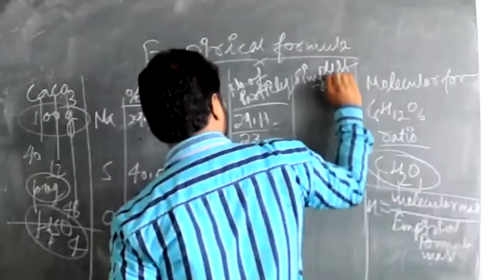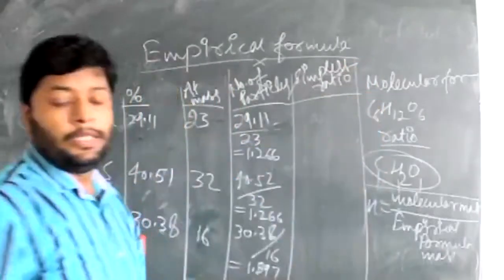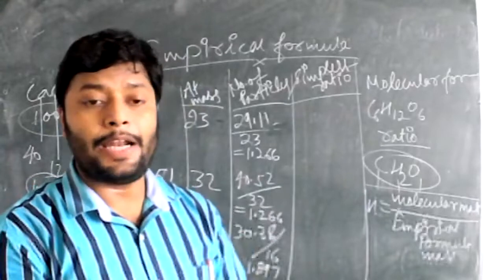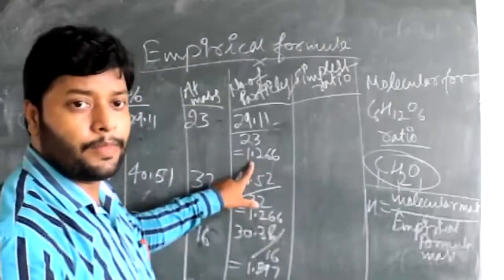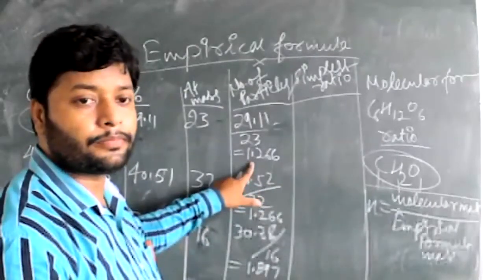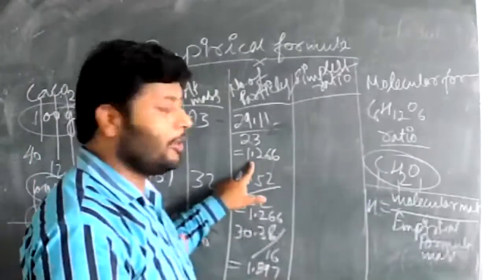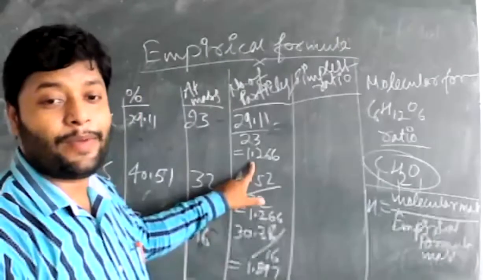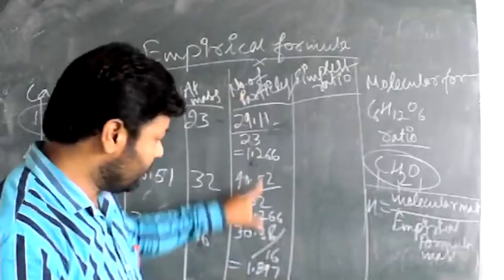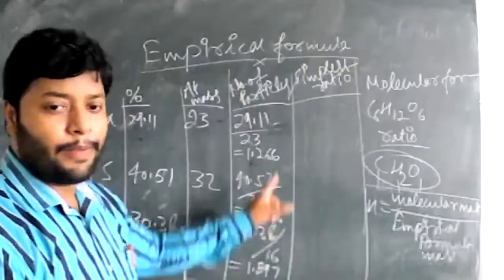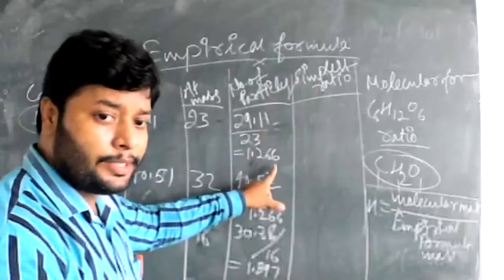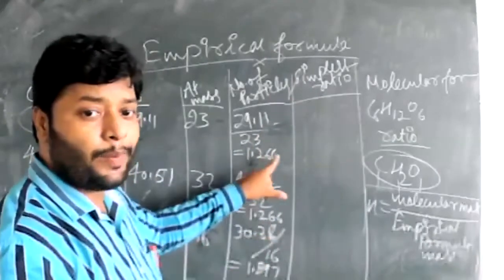The simplest ratio can be calculated by dividing all the numbers by the smallest number, and the smallest number is 1.266. So to get the simplest ratio, we will divide all these given numbers by 1.266.